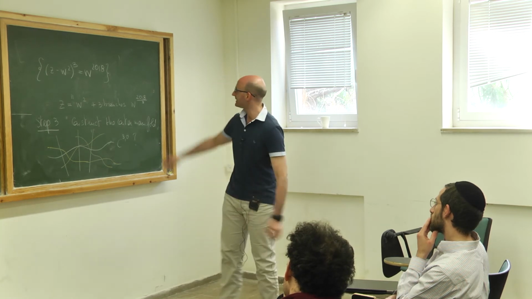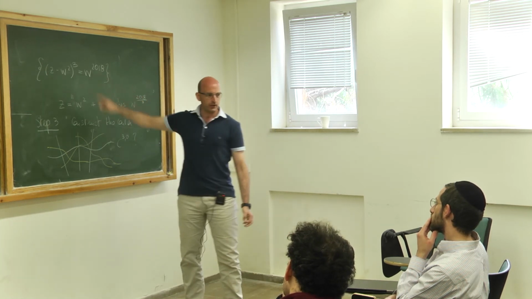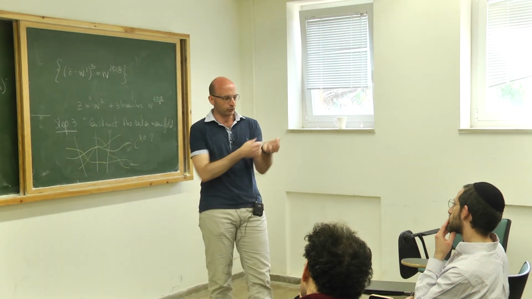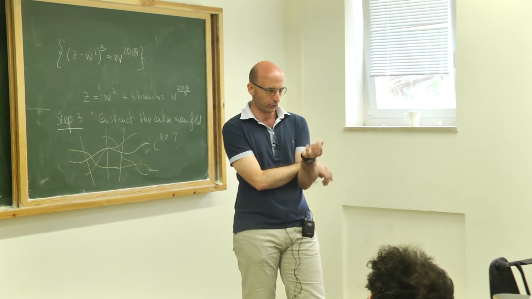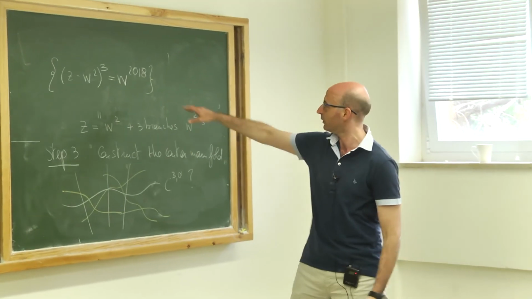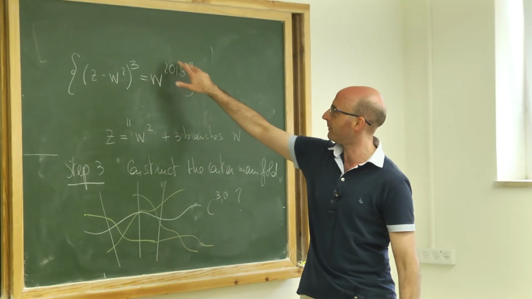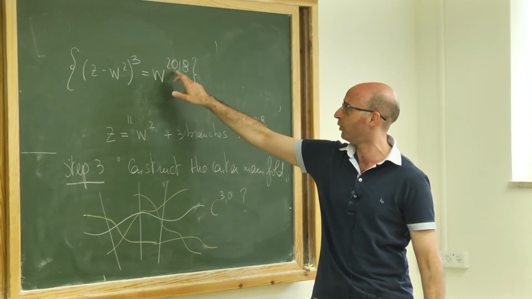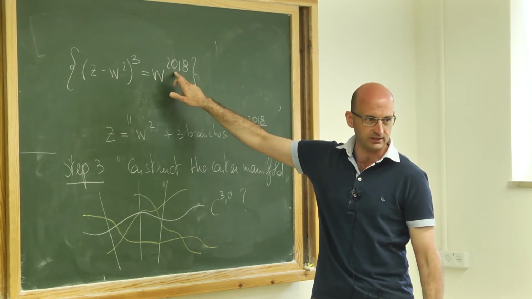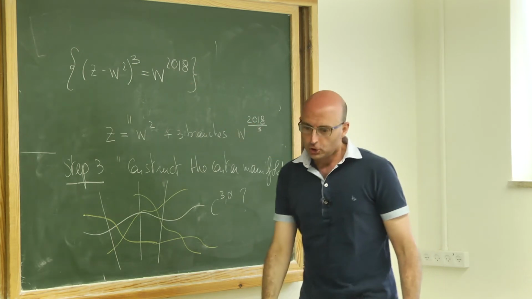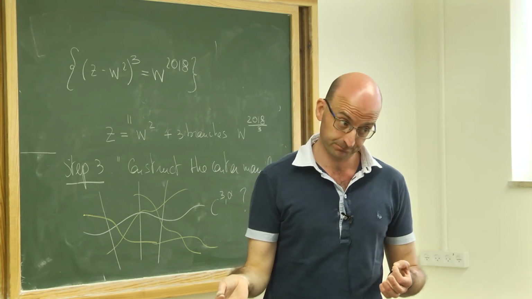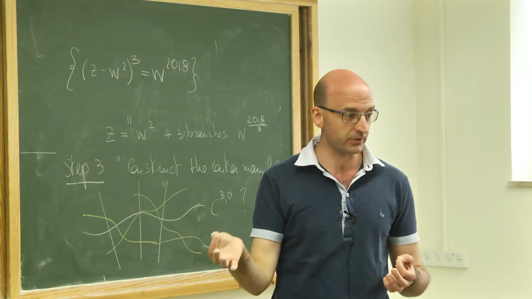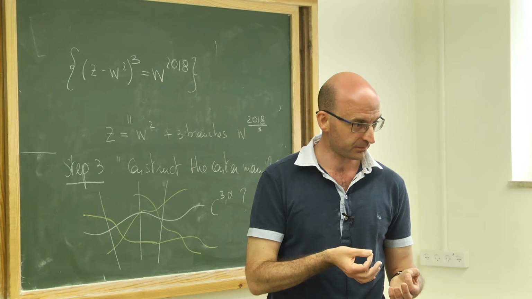And by the example that I've given over here, you will not be able to distinguish them, not even if you make a Taylor expansion to second order or third order or whatever. For instance, to distinguish a flat point from a point where you have this behavior, you will have to go up to this order 2018 divided by 3.